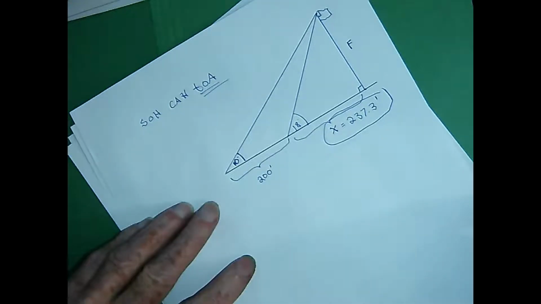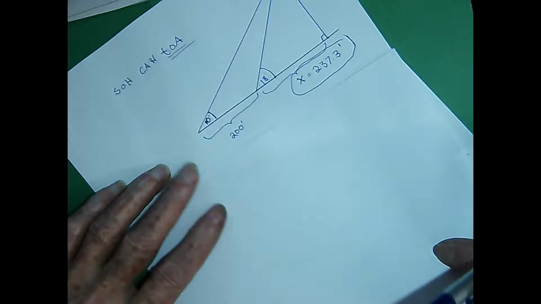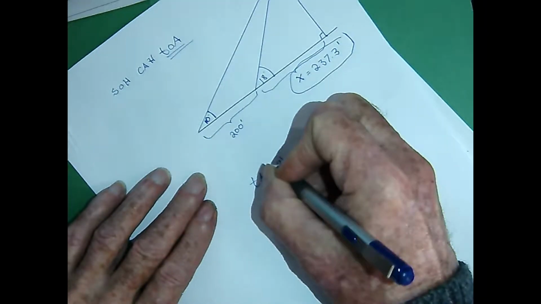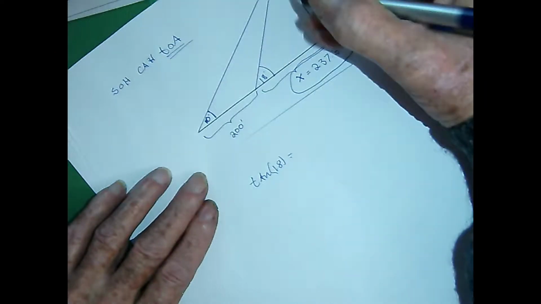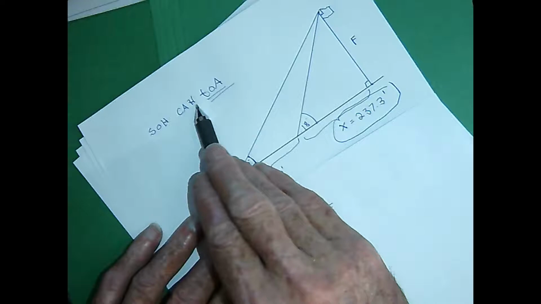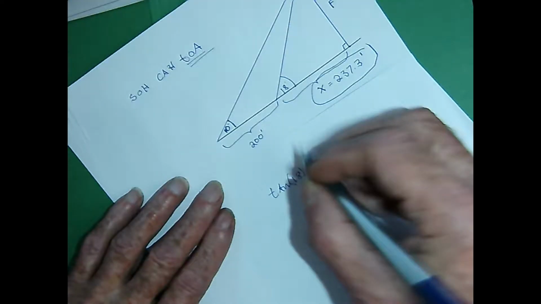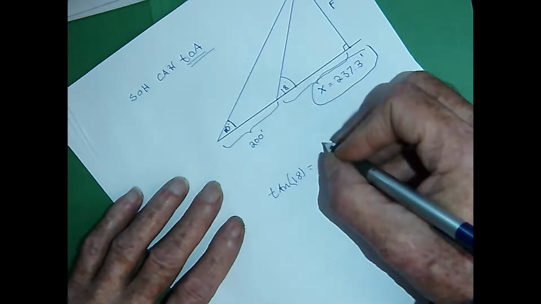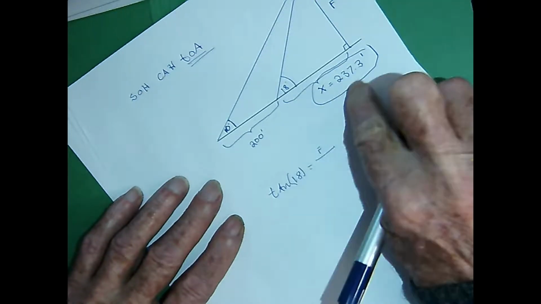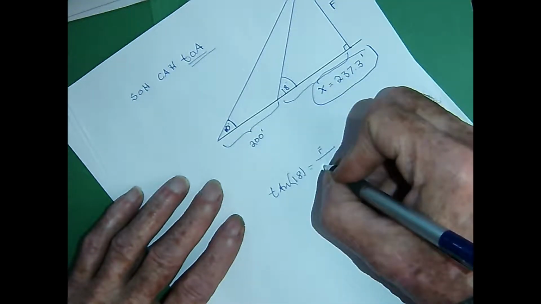Gotta find the height of that flagpole, and what could we know for sure? What do you tell me about the tangent of 18? Why'd you decide to use tangent, mister? Well, I'm not concerned with the hypotenuse, so I don't care about sine or cosine, which both involve the hypotenuse, but the tangent has opposite over adjacent, which works beautifully here. The tangent of 18 is f over adjacent, opposite over adjacent, therefore 237.3.